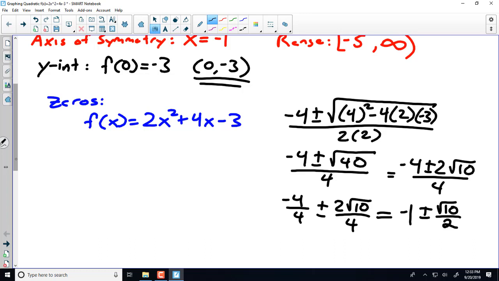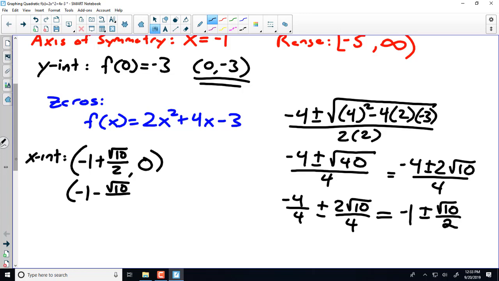All right, now those are real numbers, everyone. Those are real numbers because I never took the square root of a negative. So they both correspond to x-intercepts. So I do have two x-intercepts, and they are at negative 1 plus square root of 10 over 2, comma 0, and negative 1 minus the square root of 10 over 2, comma 0. Now those are the exact x-intercepts, and if someone asks us for the x-intercepts, that's how we should give them to them.